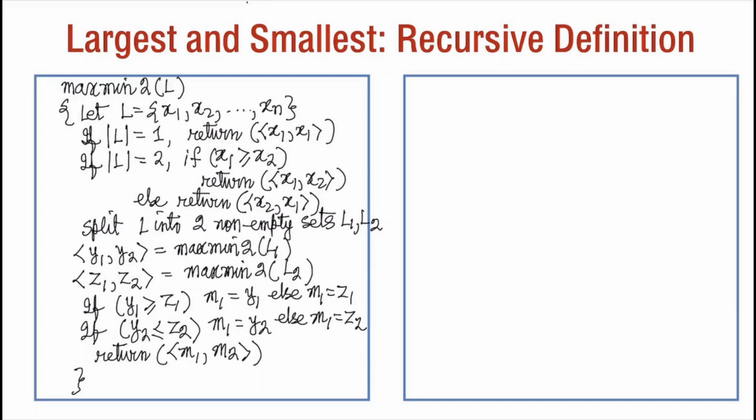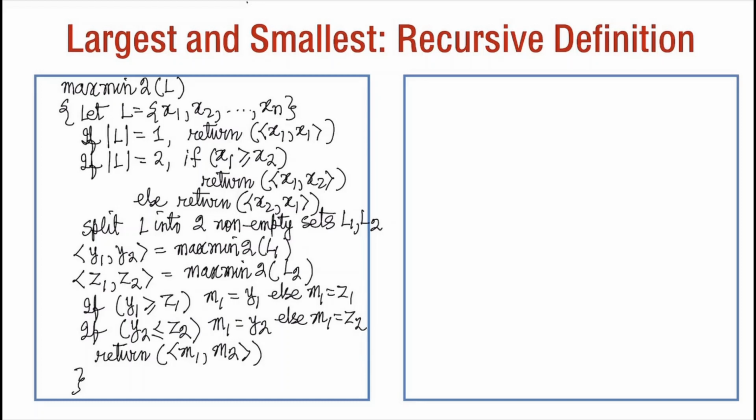We compared the two maxes to determine the maximum, and we compared the two mins to determine the minimum and return the maximum and minimum. Here again, it is easy for us to show by induction that this will work, and it is also not difficult for us to do an analysis of this.